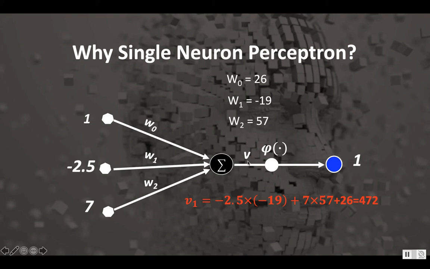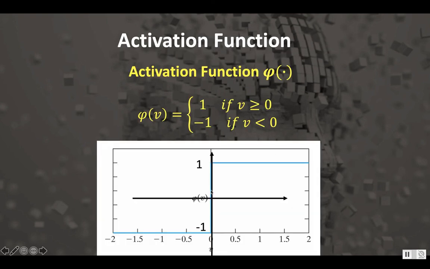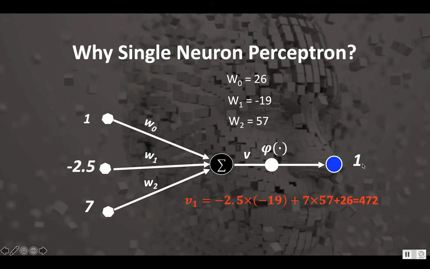That is the V output. Now that's the V, and then V is the input to the activation function. So this is the activation function. If the V is larger than 0, the output will equal 1. So therefore, we know this is the 1.